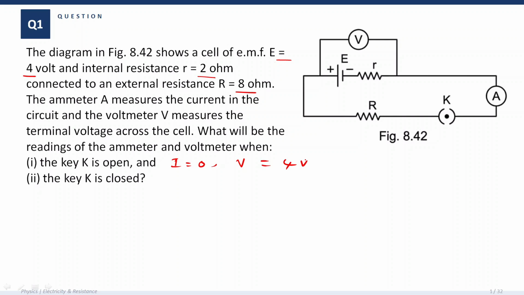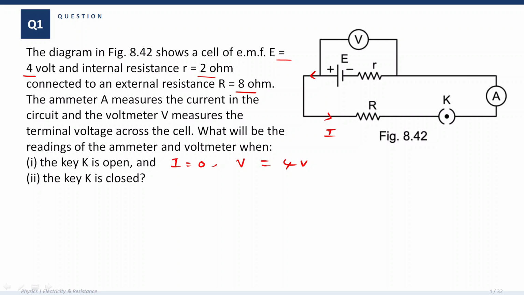When the key is closed, definitely the current flows. The current flows from higher potential to lower potential. This is the direction of current I in the circuit. When the circuit is closed, the ammeter reads the current. In this case, the current is not equal to 0.